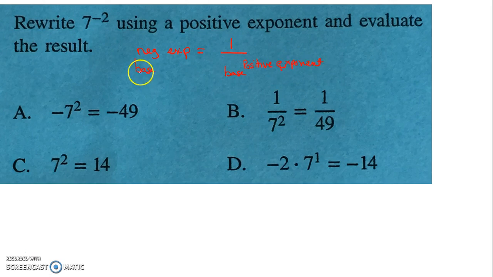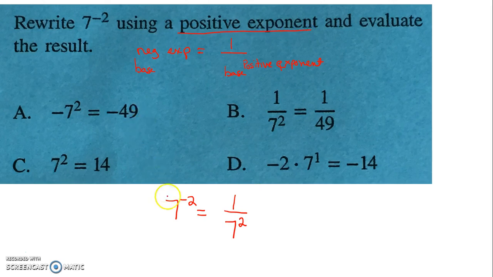So I'm going to do that for this example. If you have 7 to the negative 2 and your teacher needs you to write that using a positive exponent, you would do 1 over 7 to the second power. That's as a positive exponent.